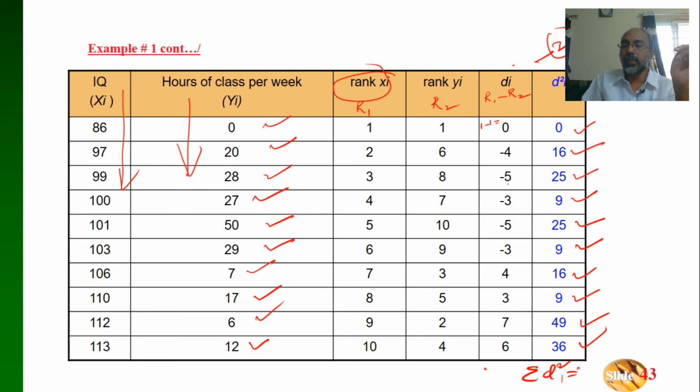The total is 194. This is only the value to be summated here, so that you will get the summation of all these: 36, 49, 9, 16, 9, 25, 9, 25, 16 plus 0, which is equal to 194.